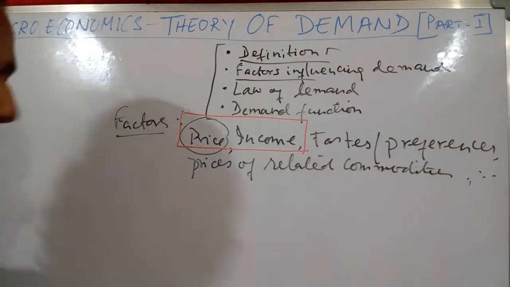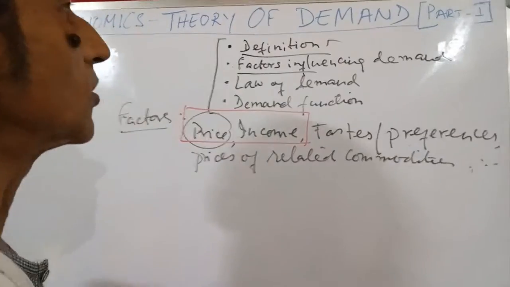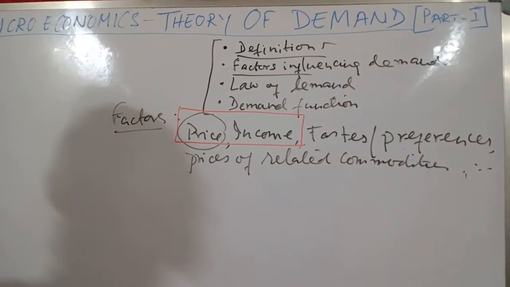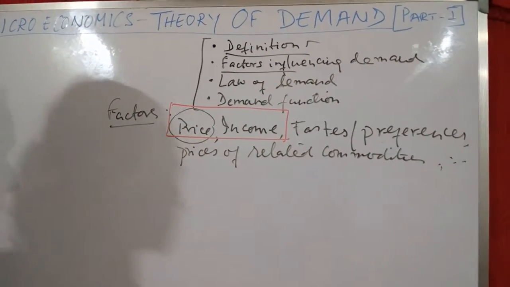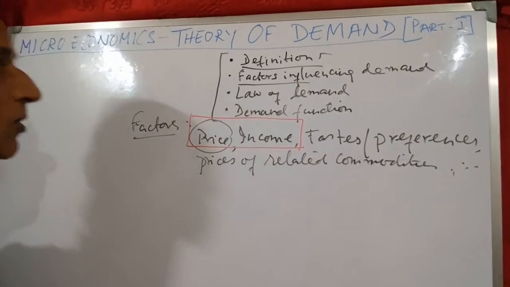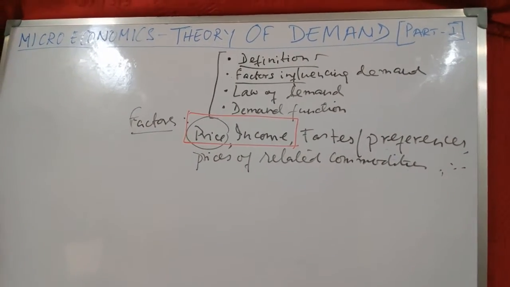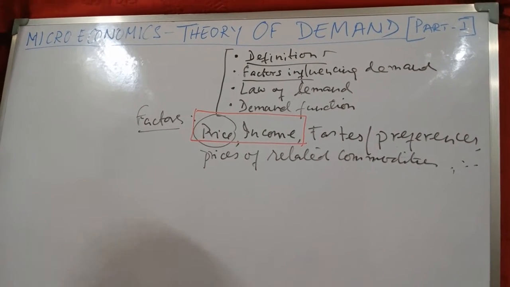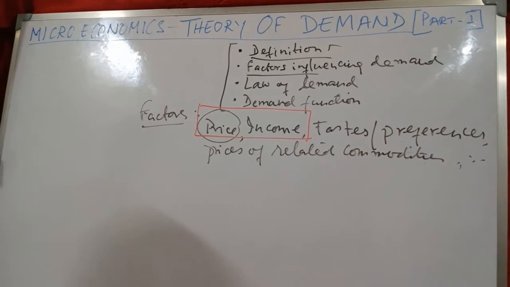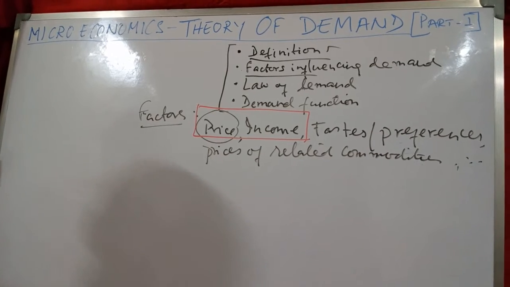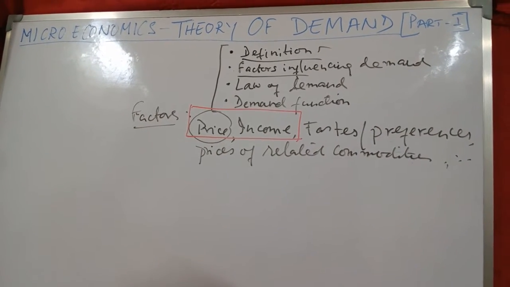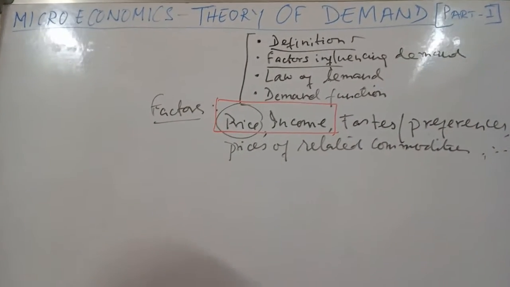Next, and very important, is law of demand. What is law of demand? Law of demand shows the relationship between price of a commodity and quantity demanded for that commodity. Ceteris paribus assumptions are considered.